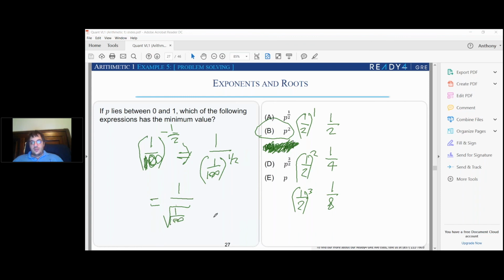Now, when you have a fraction in the denominator, you can move it to the numerator by taking the reciprocal. So this is really just root of 100, or 10. Does every step of that make sense? That's a huge number compared to all the other little tiny fractions. And you got it.